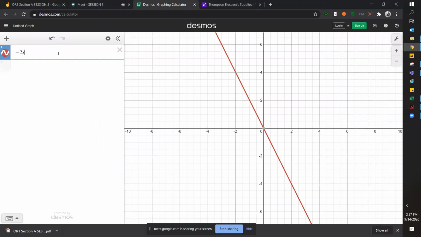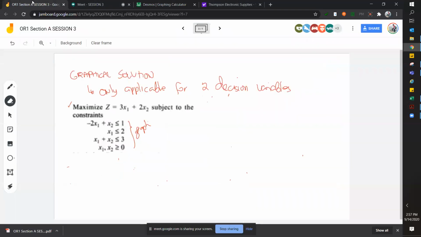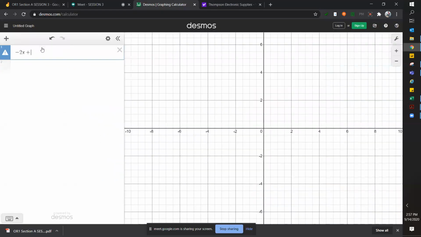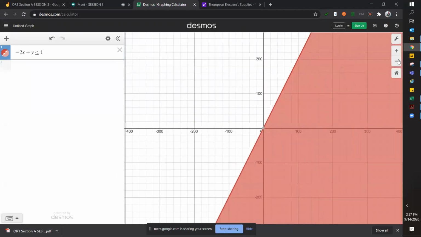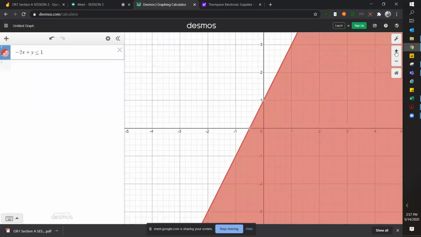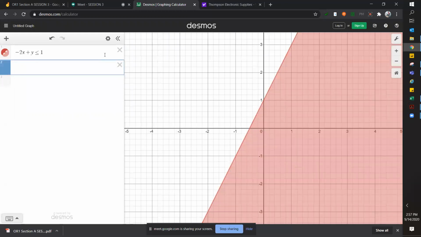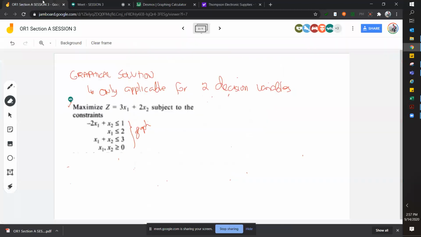Okay lang? 2x plus negative 2x1 less than or equal to 1. Okay, next is x less than or equal to 2.